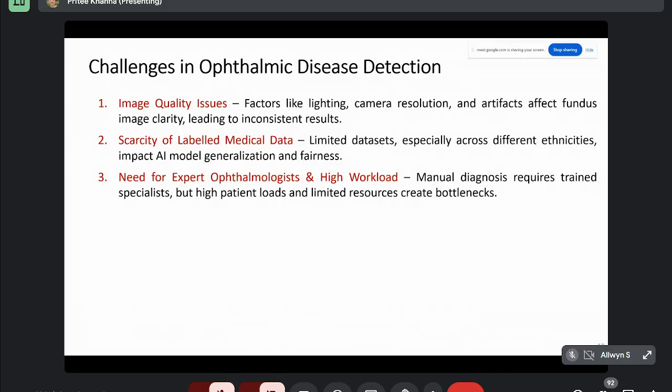So let me tell you another experience, like our last work on this ophthalmic disease. One of my students, Dr. Neha Goel, worked on it. Right now she's a postdoc at Abu Dhabi, Dubai. And another student, who is about to submit his thesis, Amit Bhati.